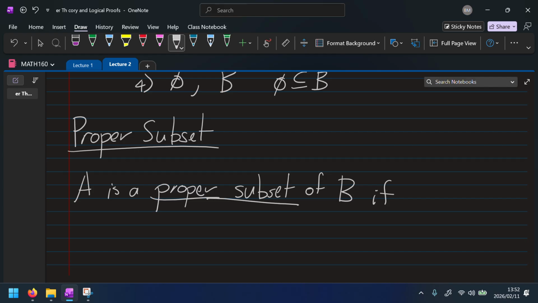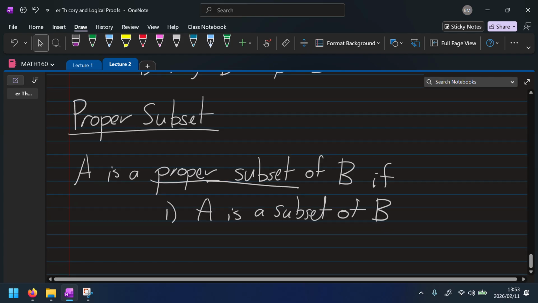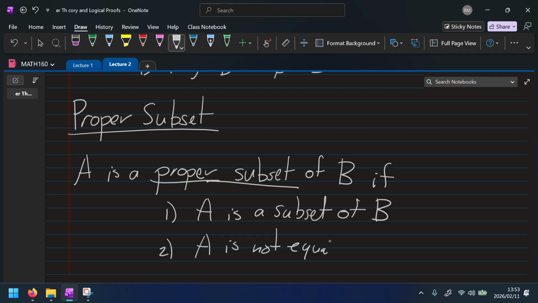Number 1, it must be a subset from the name. So number 1, A is a subset of B. And we know how to check that condition. Right, just go up a bit. We know how to check that. Number 2, A is not equal to B.